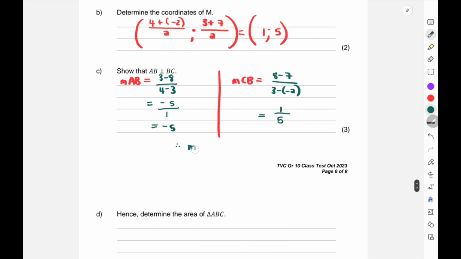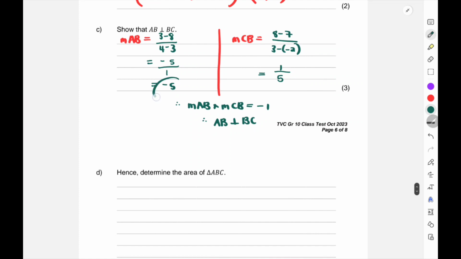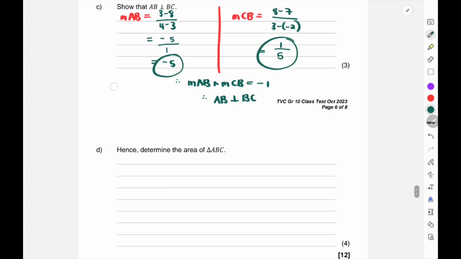Then you can say, thus the gradient of AB times the gradient of CB does give me -1. Thus, AB is perpendicular to BC. Okay, because -5 times a fifth does give you -1.